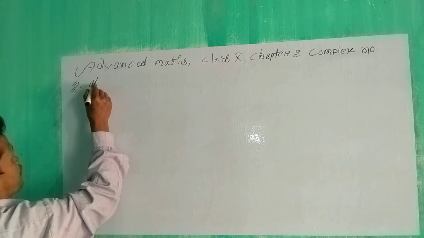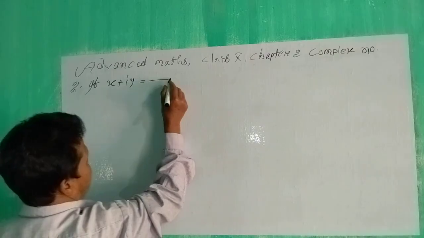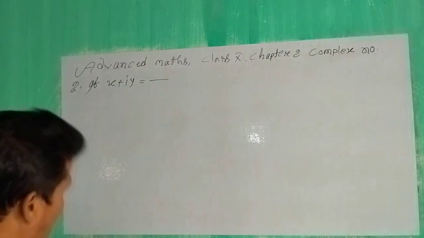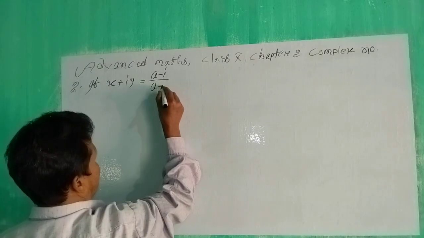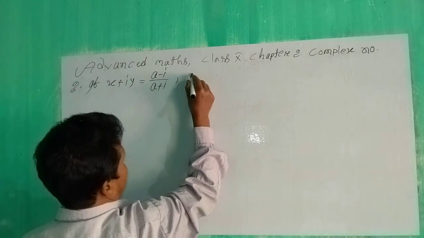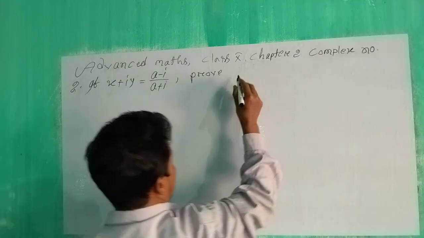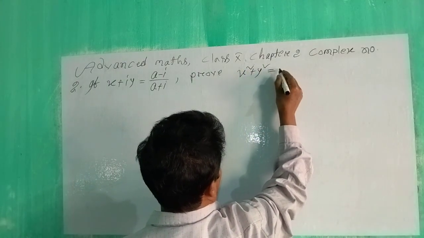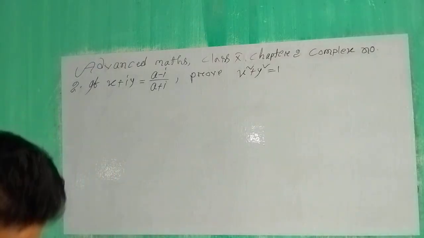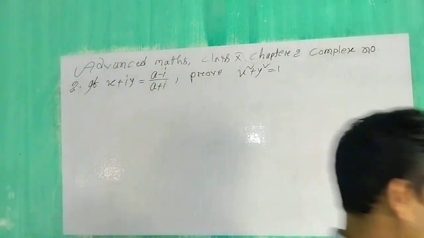If x plus iy equals a minus i by a plus i, then prove x square plus y square equals 1. Same method. Question number 1 and 2, same method.